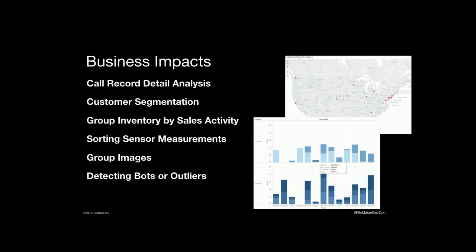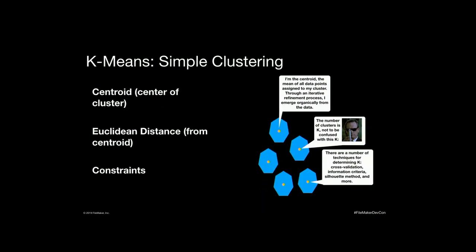So I want to talk a little bit about the clustering algorithm that we're going to look at. It's called K-means, and there's a reason we're looking at this one. Just a little bit about how it works is that it splits the data into K clusters. That's part of the K-means name. And then each cluster has a centroid that corresponds to the mean value for the members in the segment.